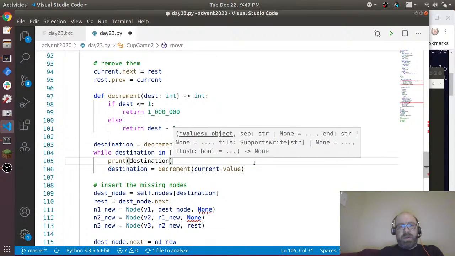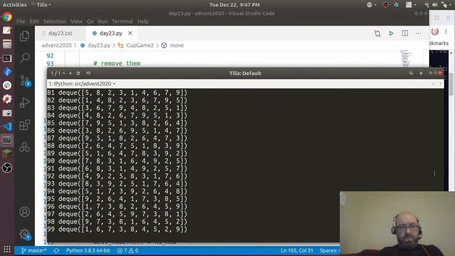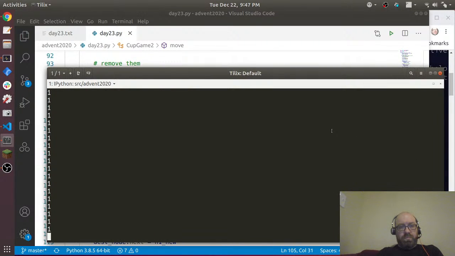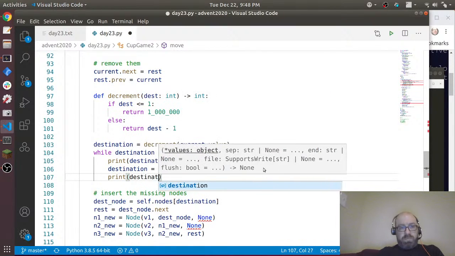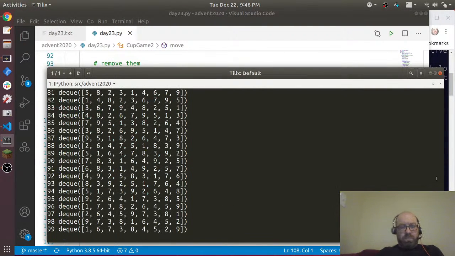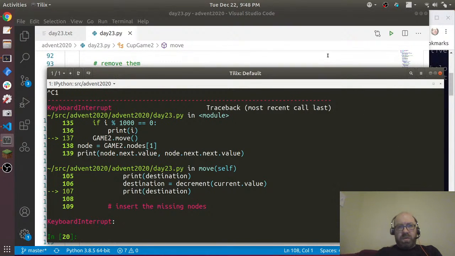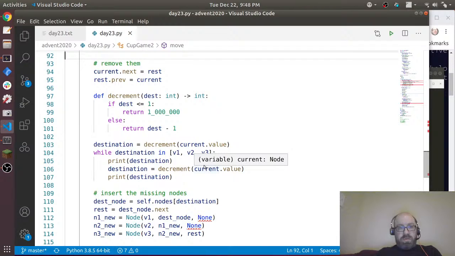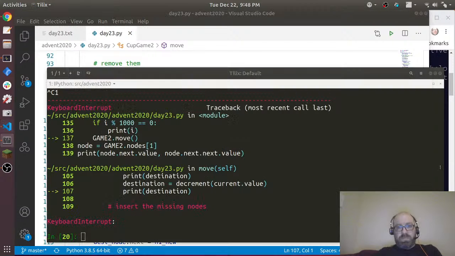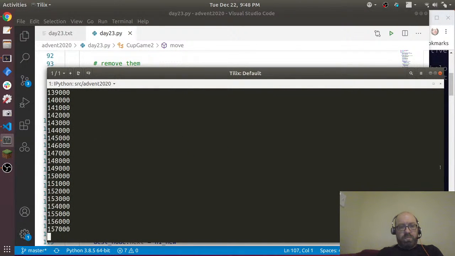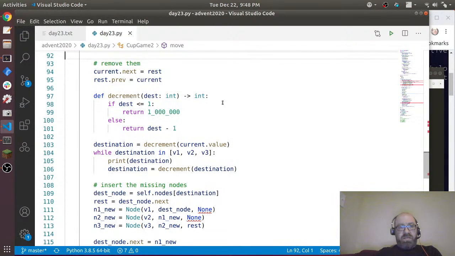What am I doing that's so stupid here? It has a 1. Five and 10.